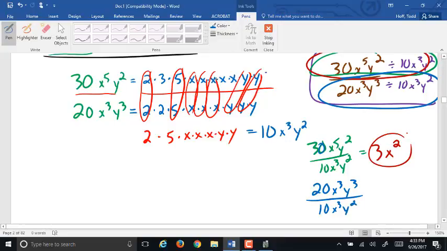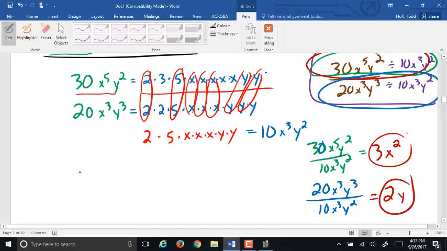Same type of thing. 20 divided by 10 is 2. X to the third divided by x to the third cancels out. Y to the third divided by y squared is just y. So the denominator is just 2y.